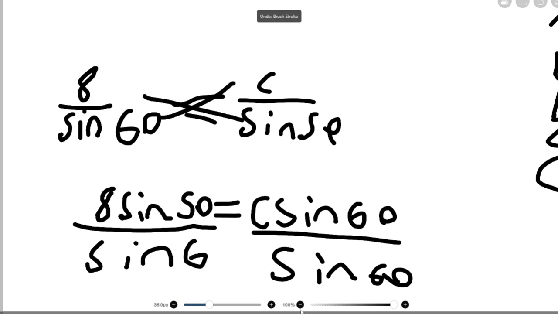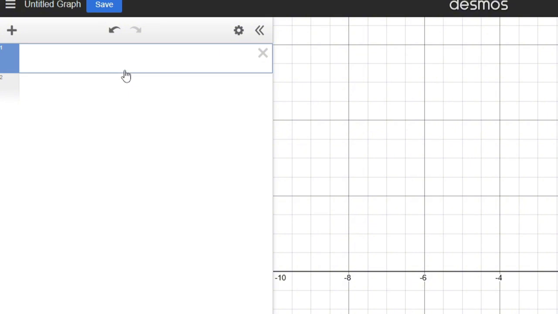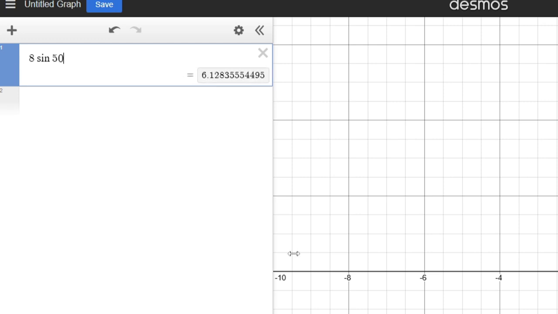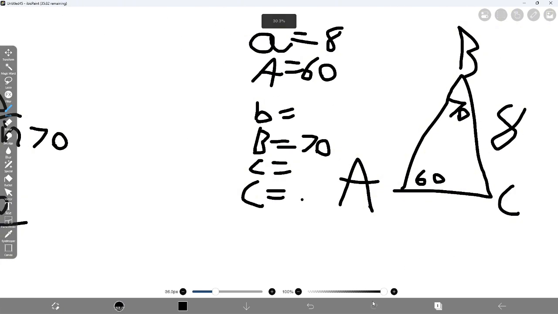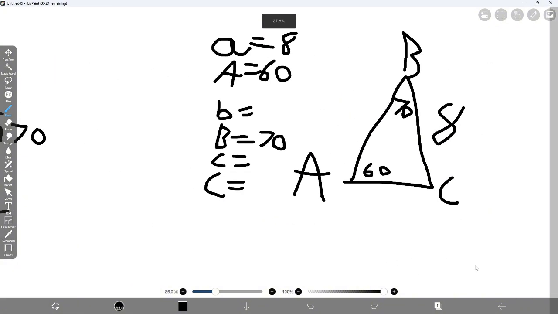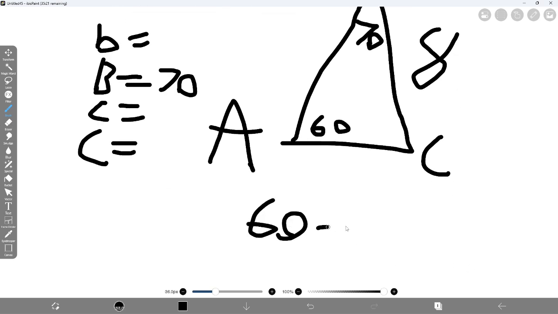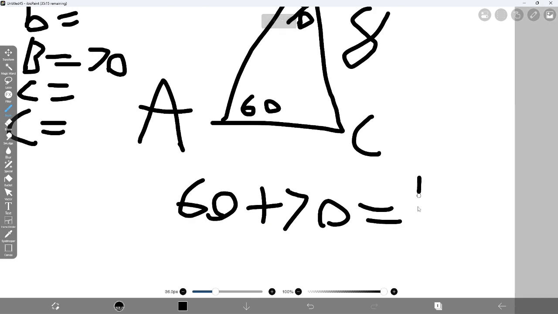Then you want to go back to your calculator. Okay, once you're here, we have 8 sine of 50 divided by sine of 60, which gives us 7.07. But before we do that, we can also get all of our angles. As you can see, B is 70 degrees and A is 60 degrees. So we do 60 plus 70 equals 130.